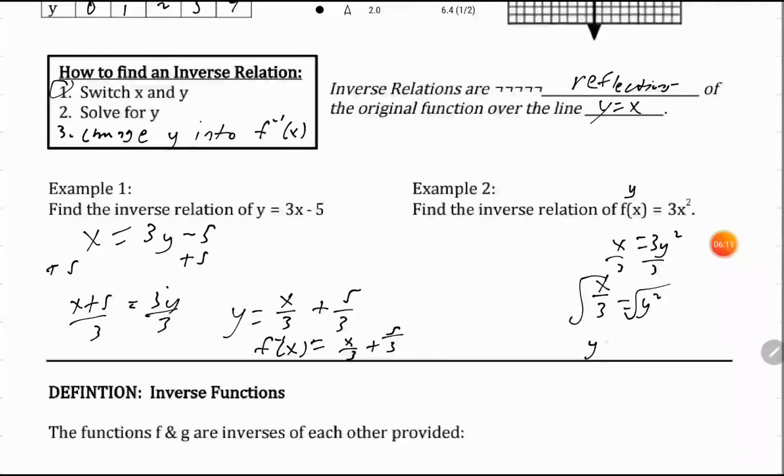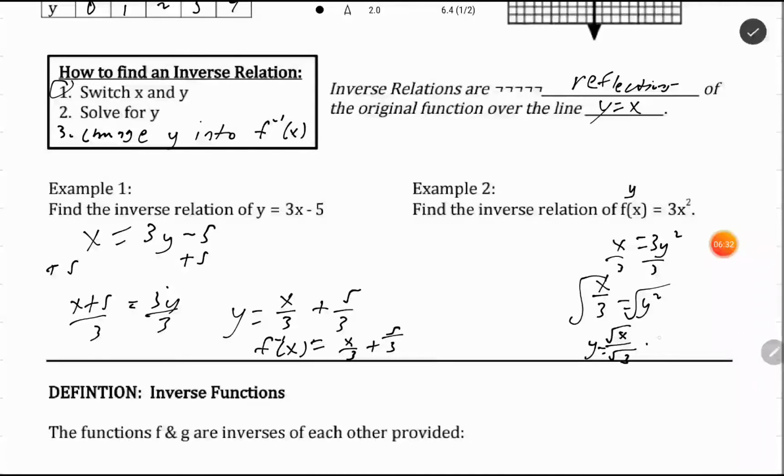So y is equal to the square root of x divided by the square root of 3.